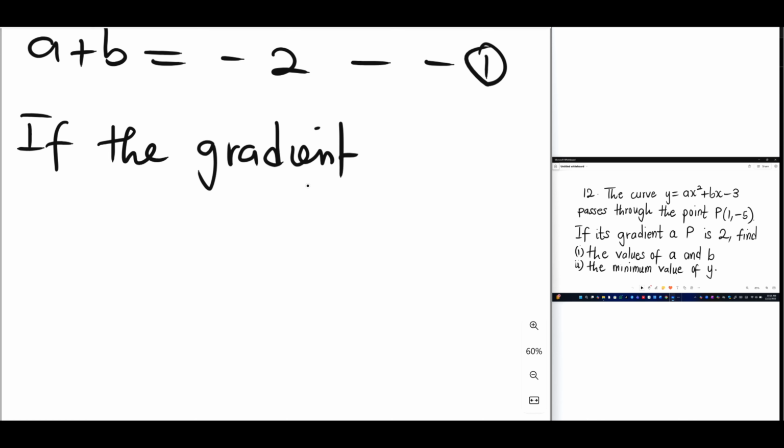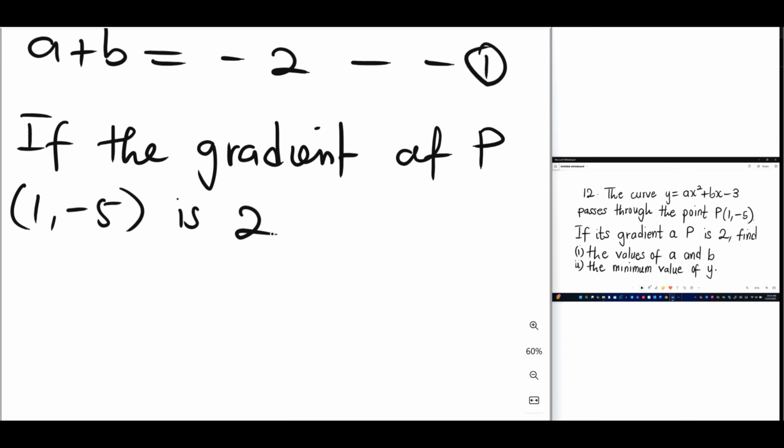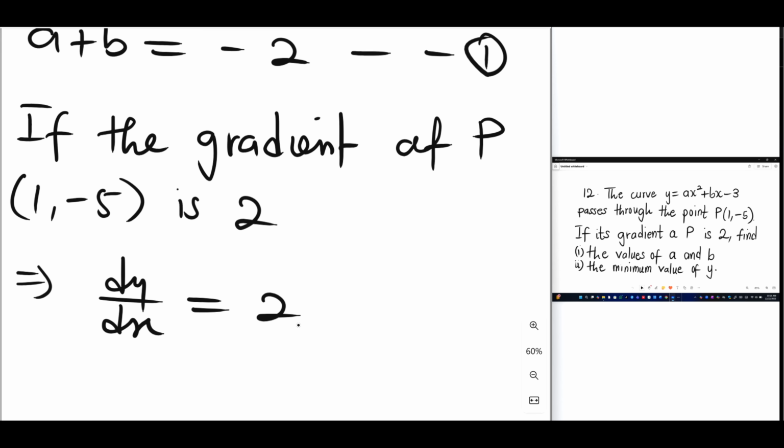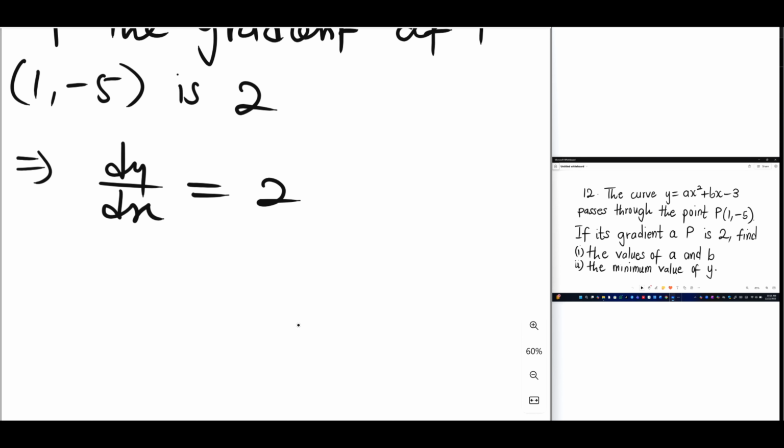It implies that if the gradient at P, that's P with x coordinate of 1 and y coordinate of -5, is 2, then our dy/dx must be equal to 2. So let us find our dy/dx. That is the gradient function.